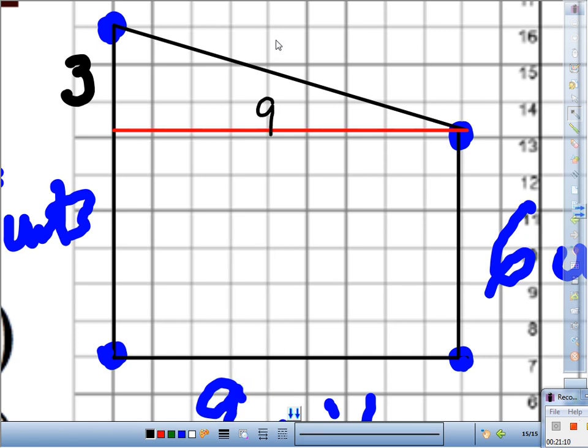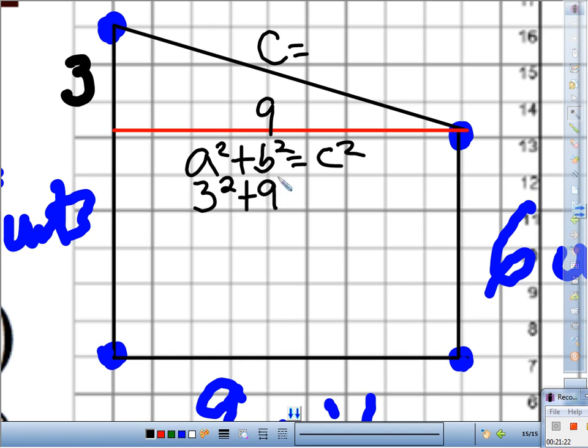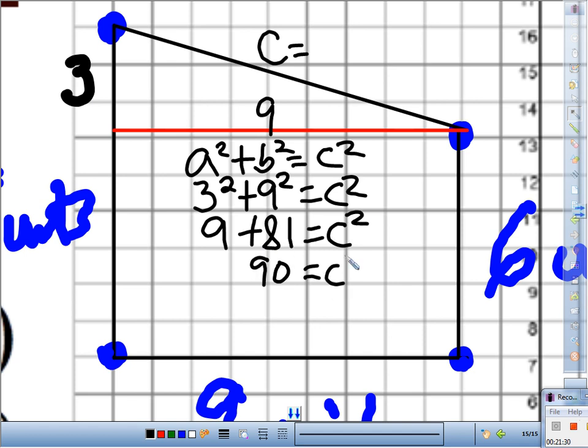So that means we're going to label this what? C. Therefore, a squared plus b squared equals c squared. 3 squared plus 9 squared equals c squared. 9 plus 81 equals c squared. 90 equals c squared. And how do we cancel that squared? Square root. C is approximately the square root of 90.